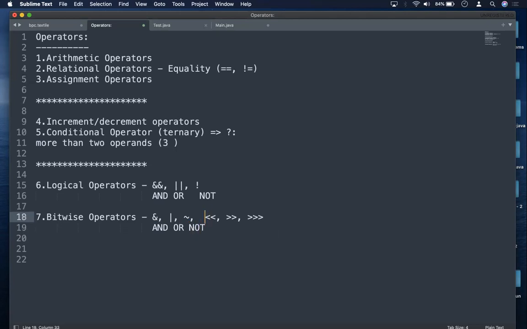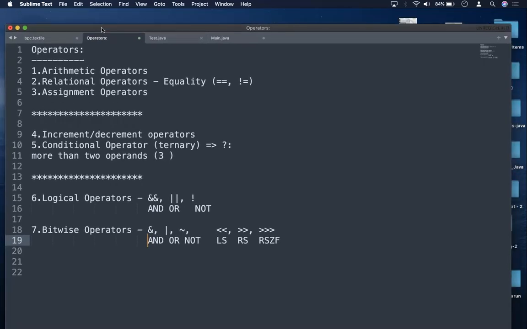And we have three separate shift operators. The first one is the left shift operator, where the orientation is towards the left. And we have the right shift operator, and one more in right shift, the right shift with zero fill. Okay, so these operators we are going to discuss.